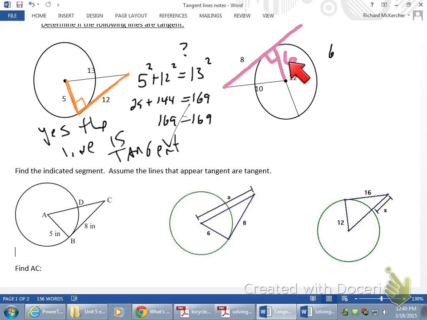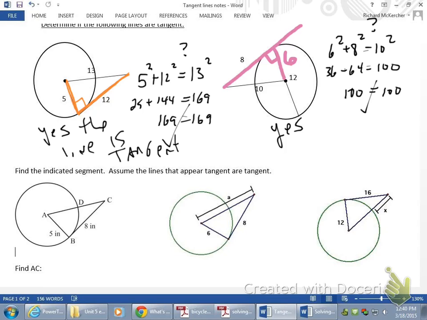So these are the two legs, and 10 is the hypotenuse. So try the Pythagorean Theorem. And you can see that once again, the Pythagorean Theorem worked. And if the Pythagorean Theorem works, then in fact it is a tangent line. We'll go on to the next ones and check that out. You guys should stop as often as you need and go back and review.